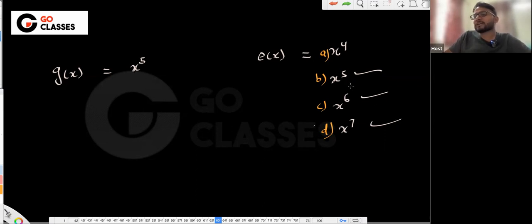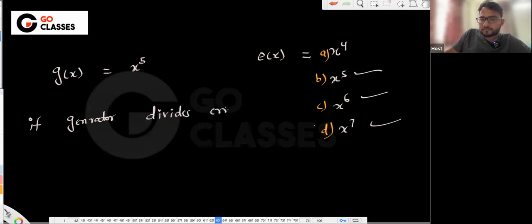If this generator is dividing the error, then this generator cannot detect that error. If the generator is not dividing the error, then the generator can detect that error, right? So if the generator divides the error, then it cannot detect that error.